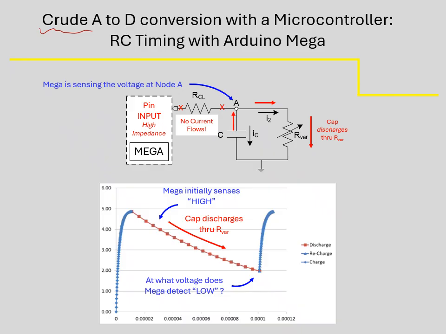I mentioned the Arduino Mega, and there's one way you can do a crude A to D converter using a simple circuit. On the last slide, we said the Mega had a 10-bit A to D converter, which would give you 4.8 millivolts of resolution. But most microcontrollers are very good at timing and can time very fast. You might have 2 to the 16 or 2 to the 18-bit resolution in timing.